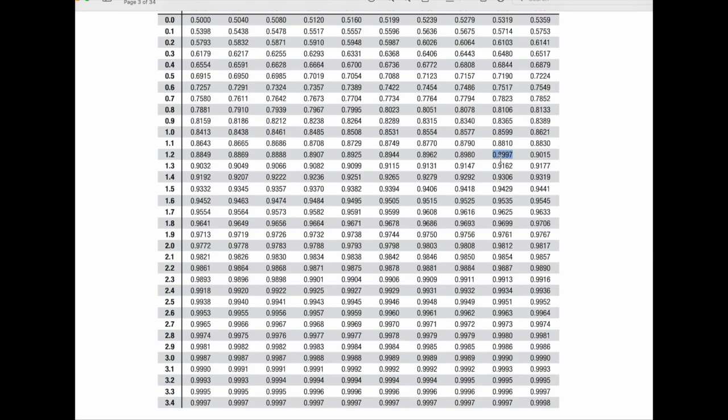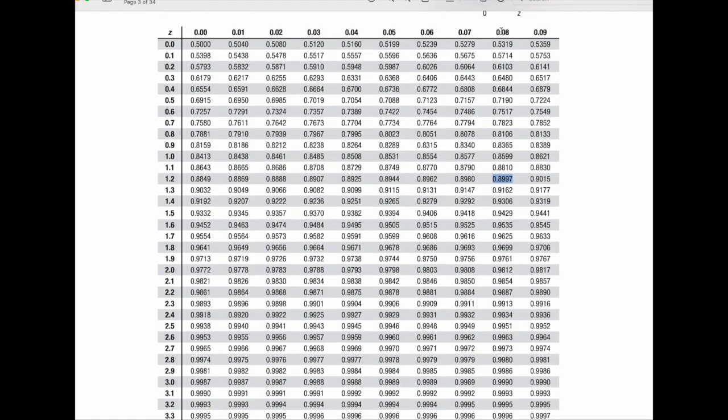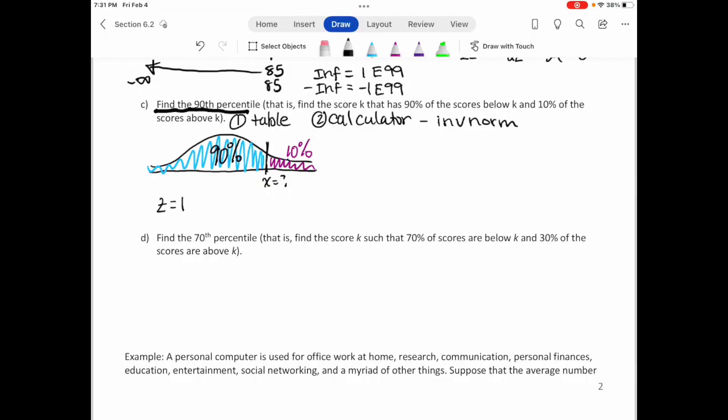If I look at 0.8997, that is super close to 0.9. Okay, so that would be 1.2. And then if I come up here to look for my hundredths place, it would be 1.28. So my value of z would be 1.28. Okay, now that we know the value of z, we know that it's 1.28. We're going to use our formula to work backwards to find our corresponding value of x.